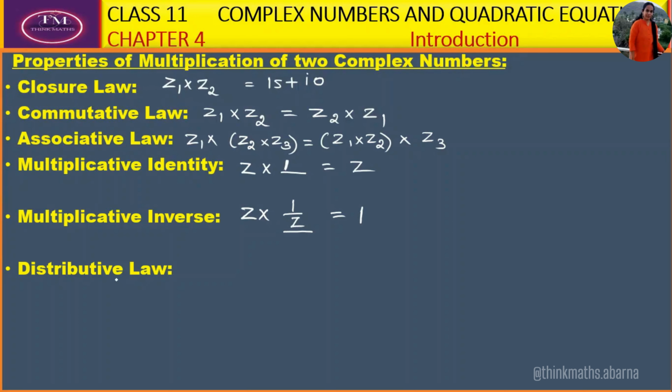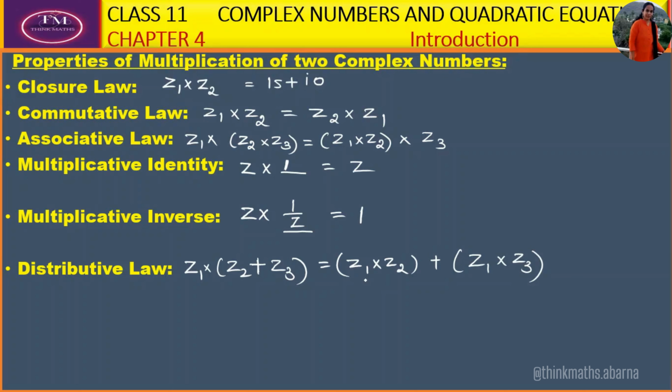Okay. Next one is distributive law. Here distributive law means both multiplication and addition are involved. That is Z1 into (Z2 plus Z3). That means first add Z2 and Z3 and multiply the answer with Z1. This will be equal to Z1 into Z2 plus Z1 into Z3.